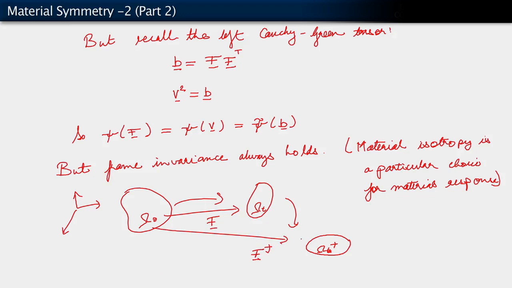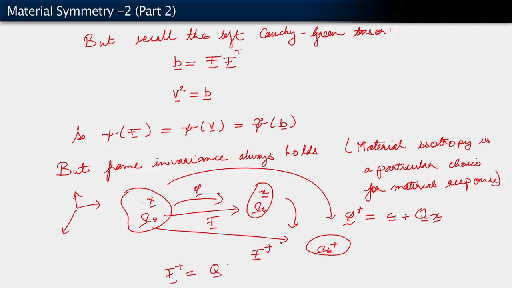And the relation, if this is phi, that is phi plus, which is c plus Q little x. Remember all this. And in this setting, we see that F plus equals QF. Things look different for frame invariance. This condition must always hold.